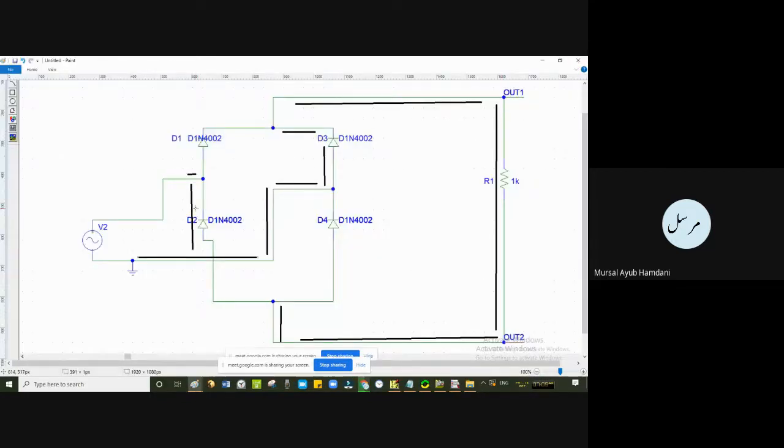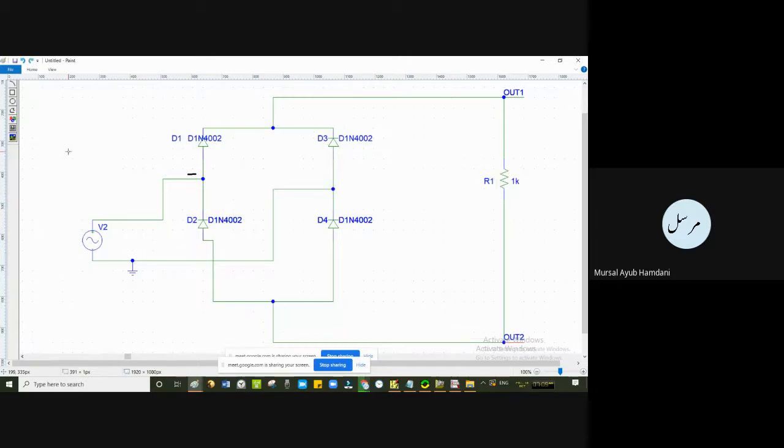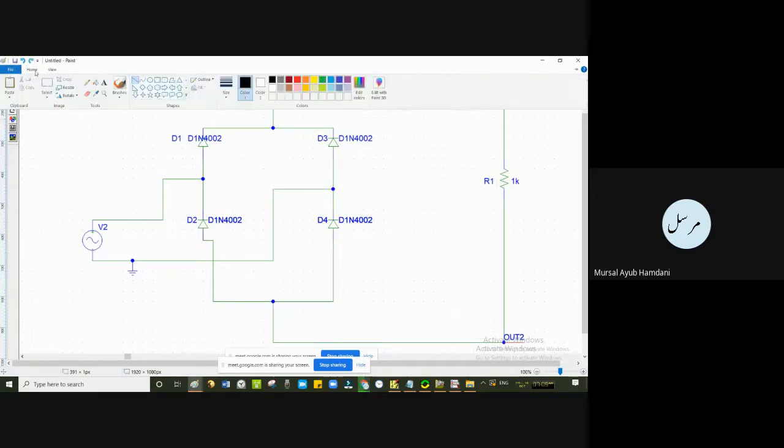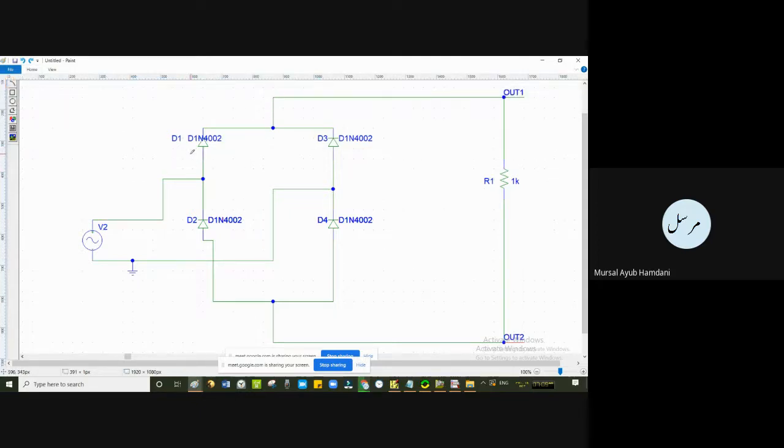So clearly in the positive half cycle, this one acts as short circuit, forward biased. Then we go here, and then this one, so D1 and D4.